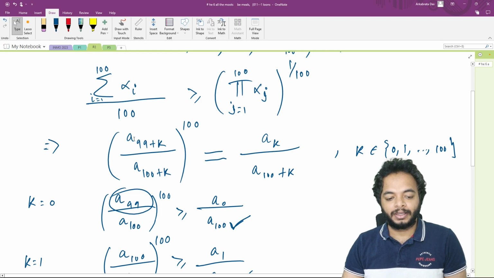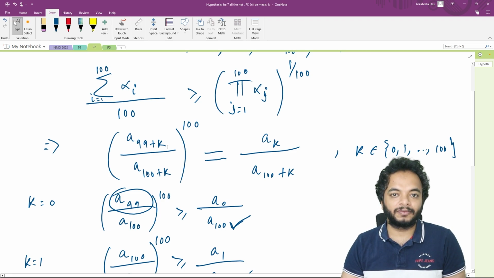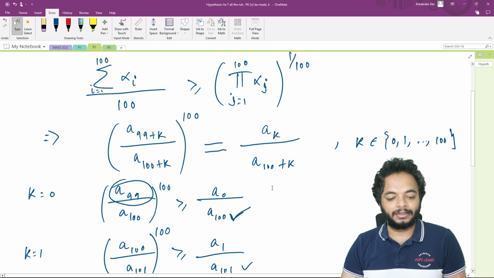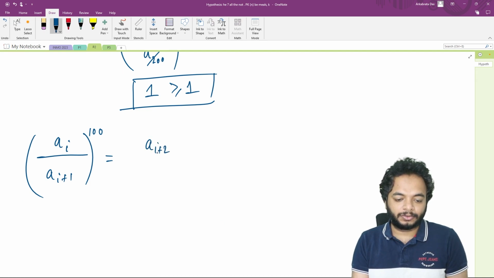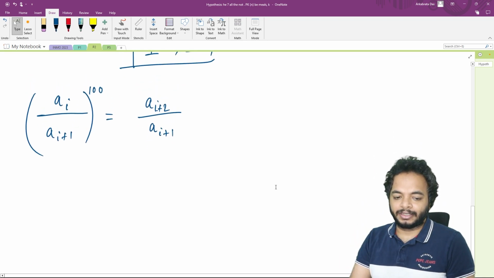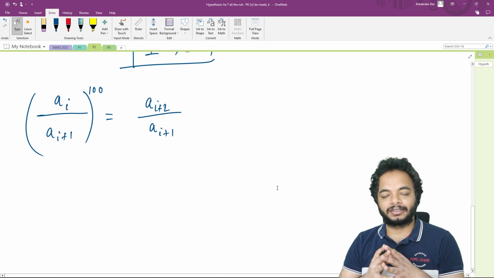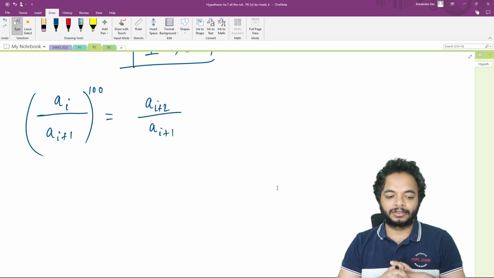Because if A99 plus k is Ai, then if I add 2 with it, I am going to get k, because 101 is going to be 0 under modulo 101. So this is what I am basically getting. Now I'm getting a very nice relation about these coefficients. So from here I have to deduce something about the coefficients.